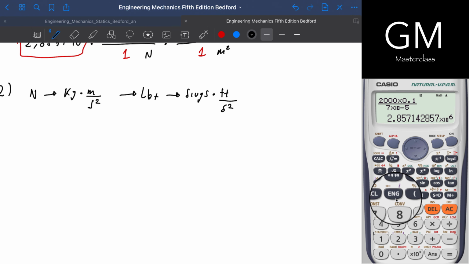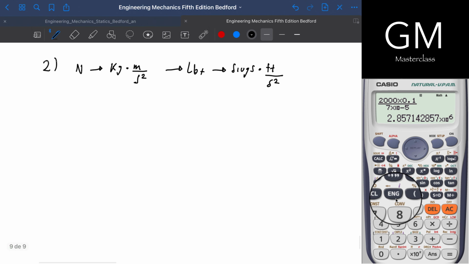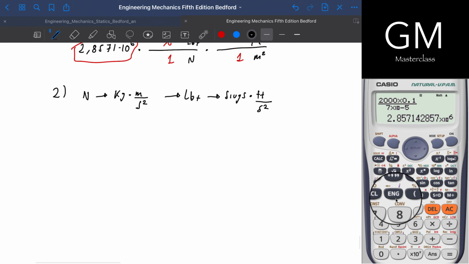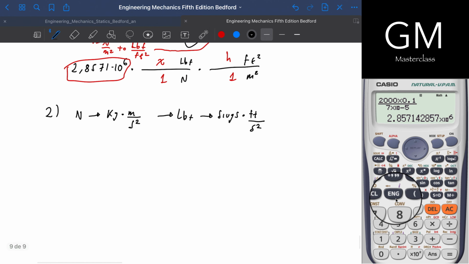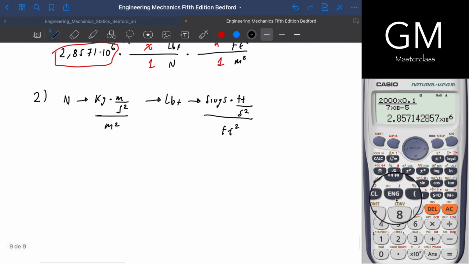That is not negotiable. But I do not have just the newtons. I have the newtons divided by square meters, so I gotta write down that here, and I gotta change the system of units.